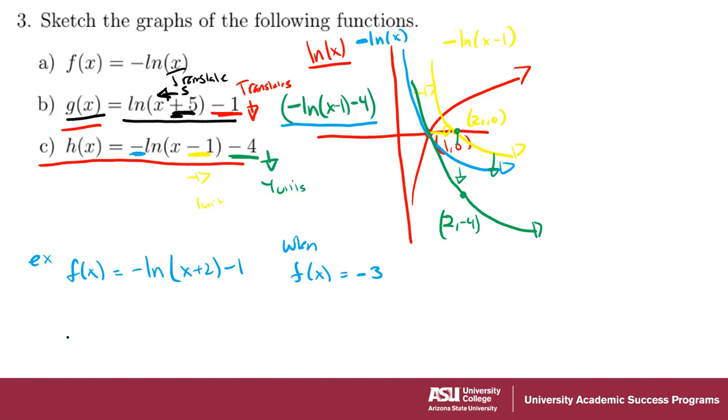Well, like any other function, you'd start by writing down what you need. f of x equals -3. So we want f of x to be -3, so we set our function equal to -3. And from here, it's all about isolating that x. So we can add 1 to the other side.